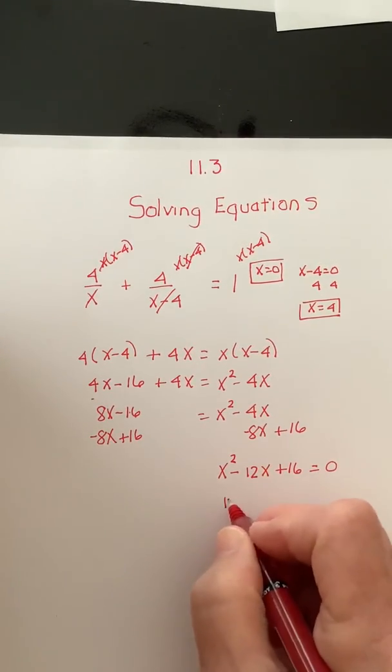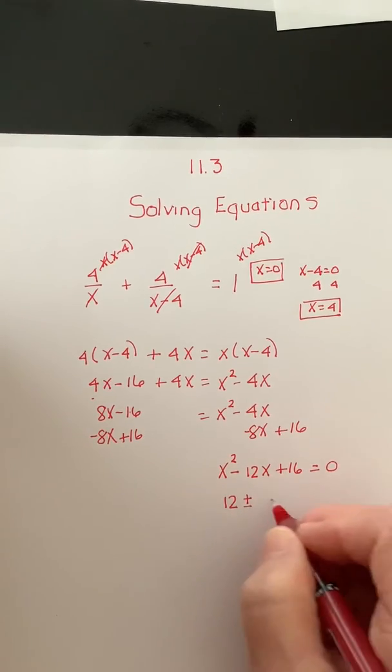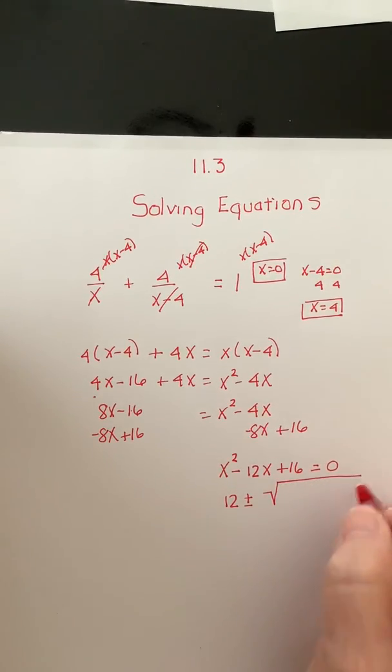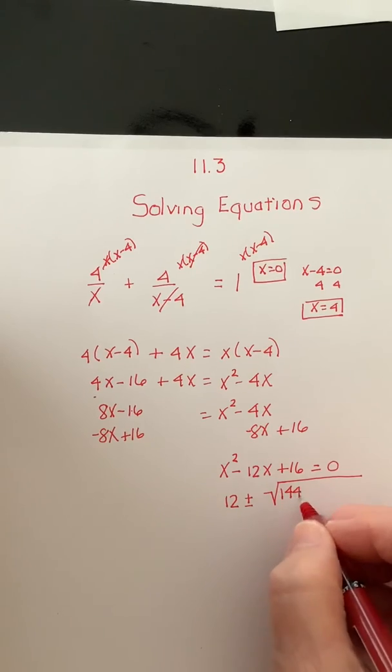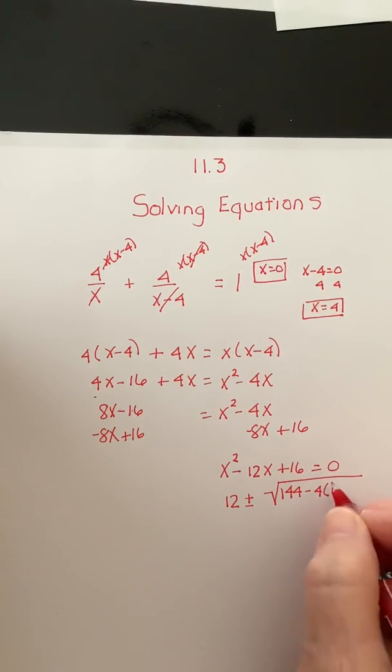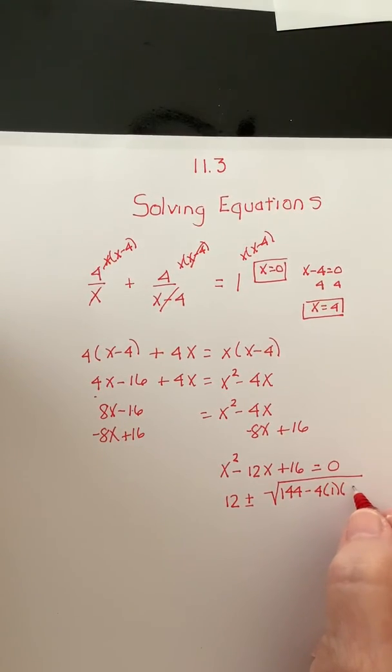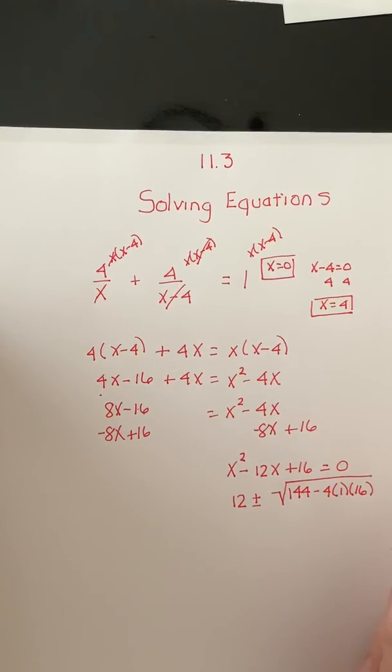So the opposite of b is 12, plus or minus the square root of b squared, which is 144, minus 4 times a times c, which is 16.